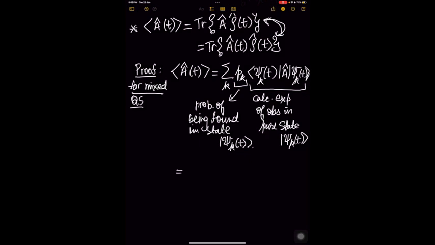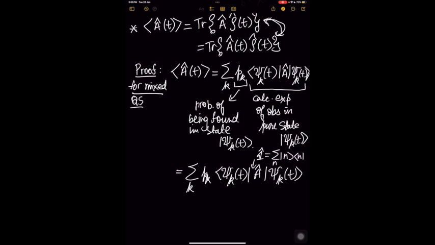So now, what I will do in this situation to prove the case is again just introduce some basis, let's just say n, using the resolution of identity criteria. Okay, psi k t, A hat, psi k t. So now introduce the resolution of identity here and expand it in some basis n. And now, as I'm repeating this again, n belongs to this Hilbert space again.